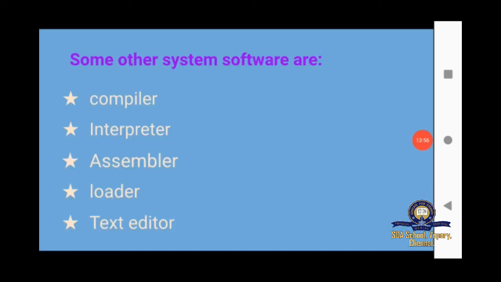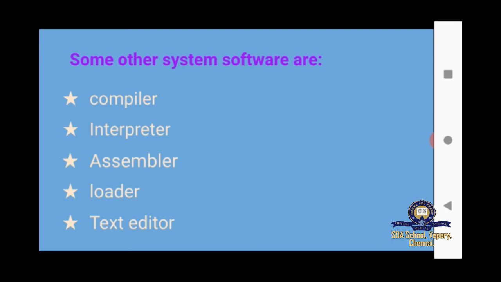Let us recall from the first. We saw some system software, right? Those are the compiler, interpreter, assembler, loader and text editor. First, a compiler is a translator that converts the user program, that is a high level language program, into machine code. Like if we want a translation for a word, we go to Google and search for it, right?